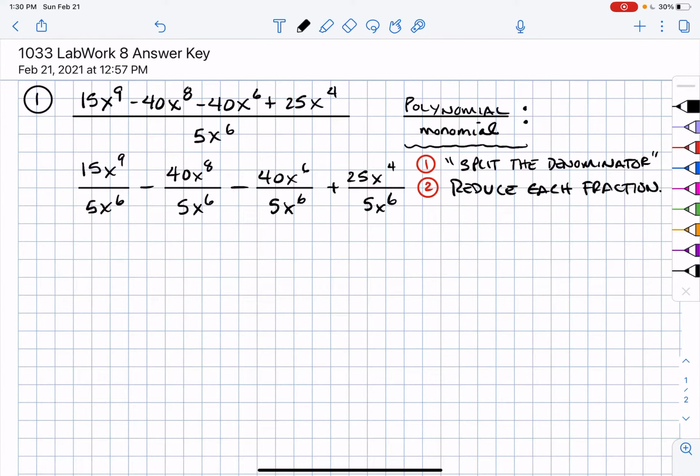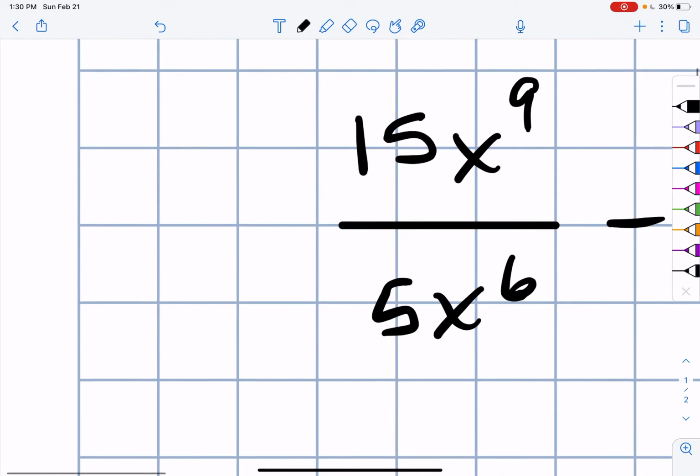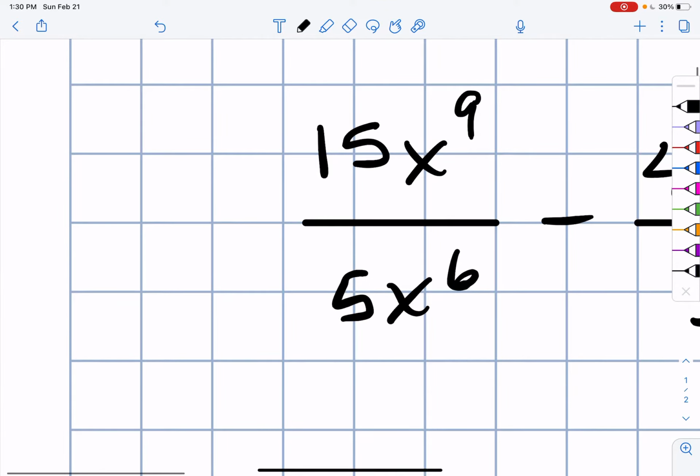Okay, so I'm just going to look at this right here. I'm going to reduce this fraction right here. 5 and 15 are going to reduce, right? And then there's 9 x's on top, 6 x's on the bottom, 6 will cancel out. There'll be 3 left on top. So we're bringing back the rules of exponents, right?